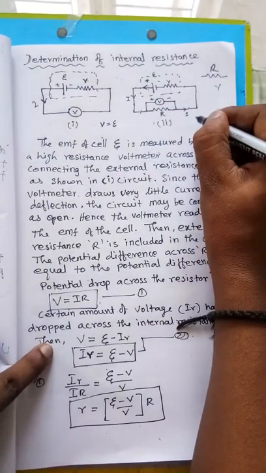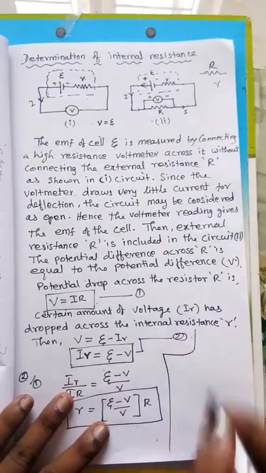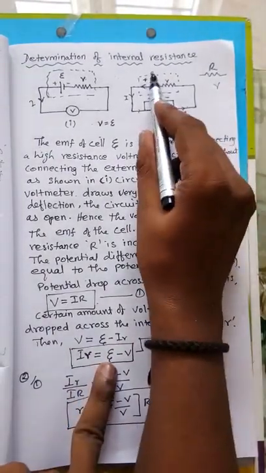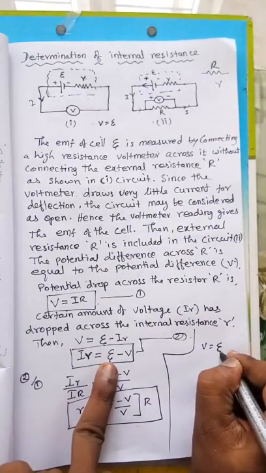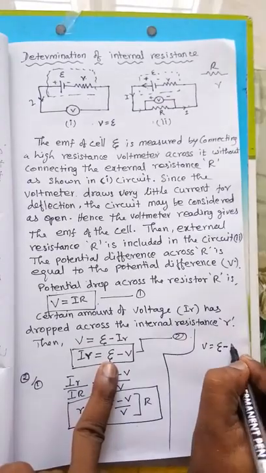So here the potential difference V is equal to the total EMF E minus the small potential drop I into r.